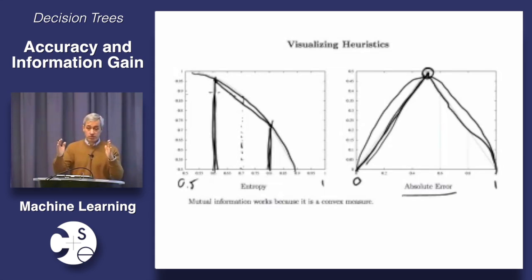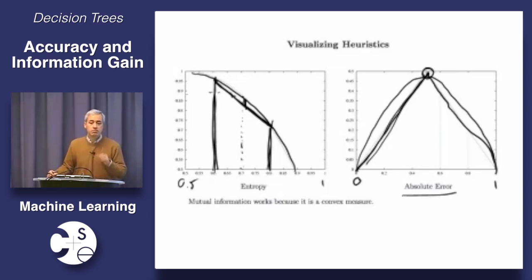And now, my new entropy is going to be the average of those, and the average of those is going to lie on this straight line. Where exactly it's going to lie on the straight line depends on what fraction of the examples went one way and the other. If it was 50-50, I would have to pick this point here in the middle. If it was 1/3, 2/3, it would be somewhere over here.